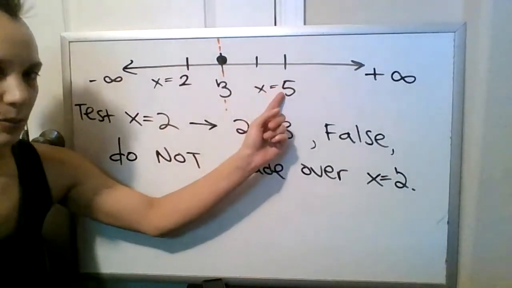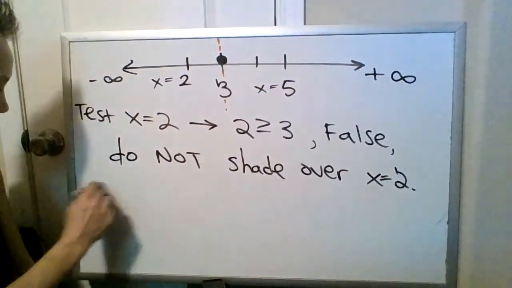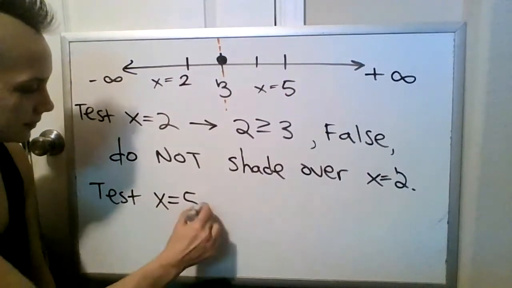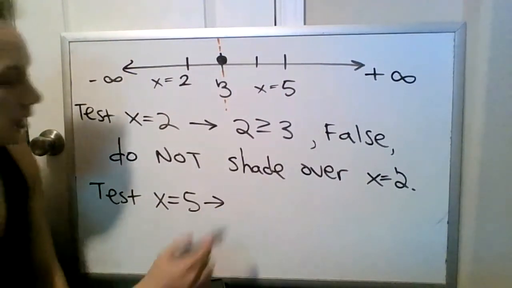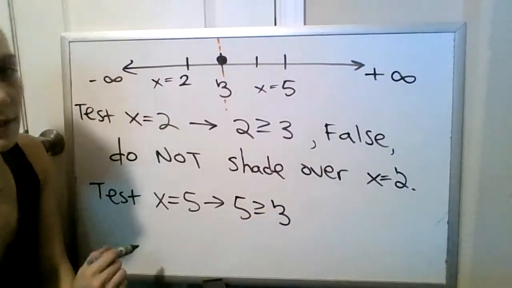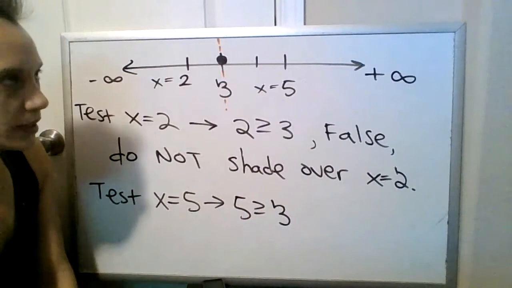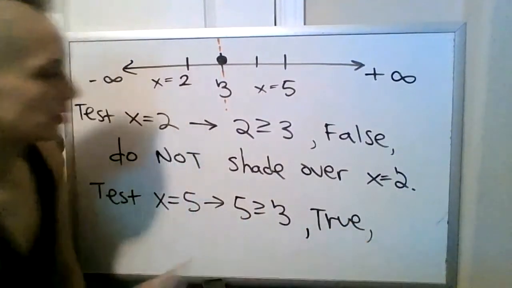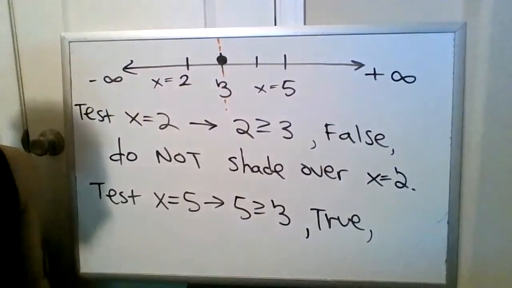Here, I picked x equal to 5 to test. Putting 5 greater than or equal to 3 is true. 5 is greater than 3. So we will shade over x equals 5.